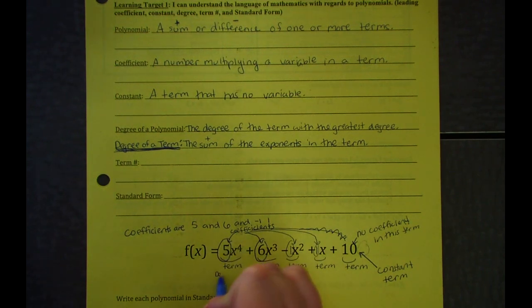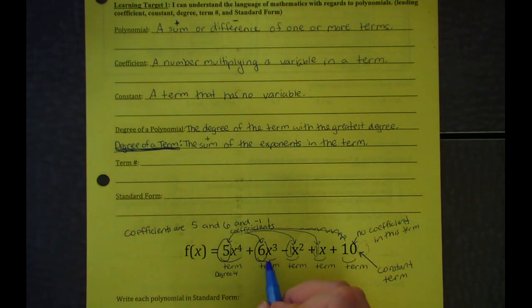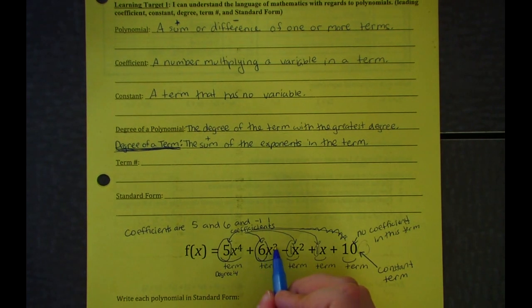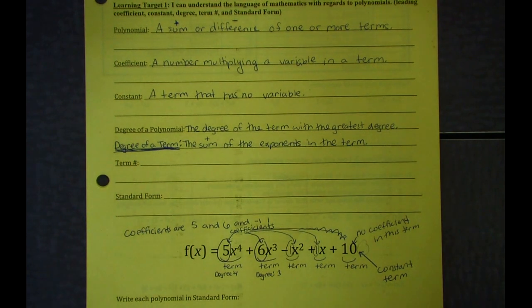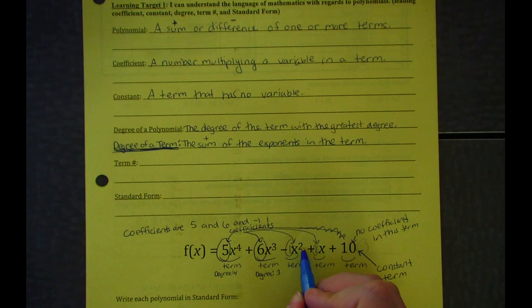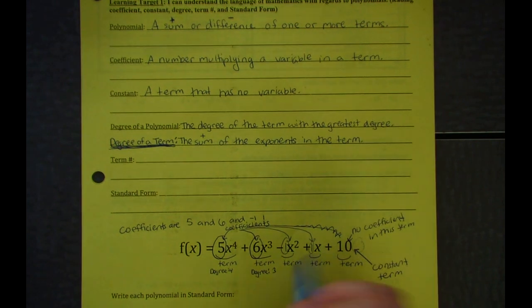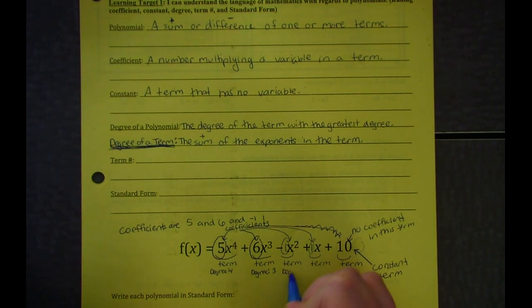So the degree of this first term is 4. The degree of this second term is 3 because all the exponents that we see there is 3. So the degree of the second term is 3. The degree of this term is 2 because all the exponents, when we add them all up, is just a 2. So the degree of this term is 2.